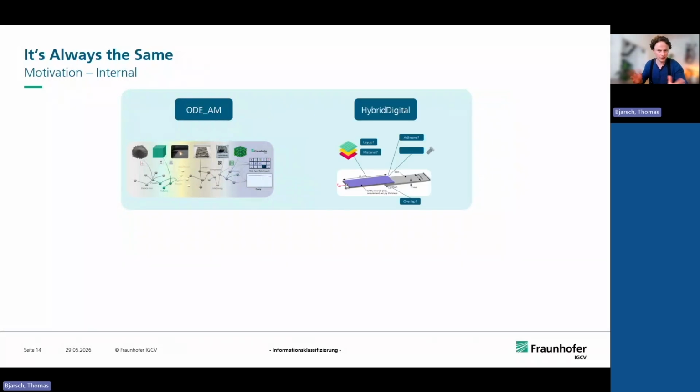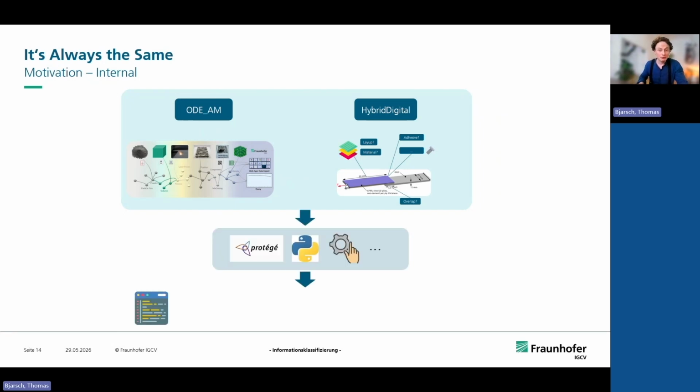The second use case or project was Hybrid Digital. The domain was having steel and CFRP, so carbon fiber reinforced plastics. Also there you have different types of files and data sources, and you want to answer questions.